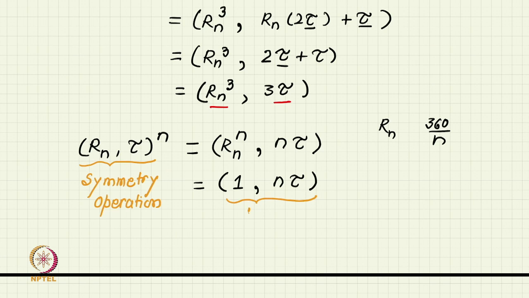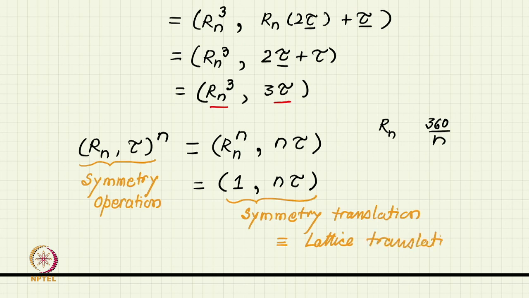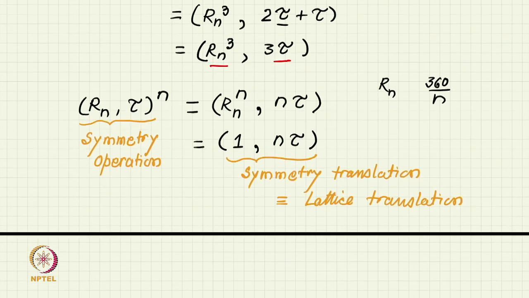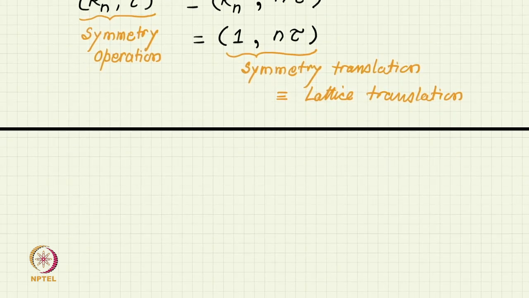So, this has to be a symmetry translation. We do not use a phrase like symmetry translation, we simply call it lattice translation. So, this means that applying a screw operation n times gives you a lattice translation.